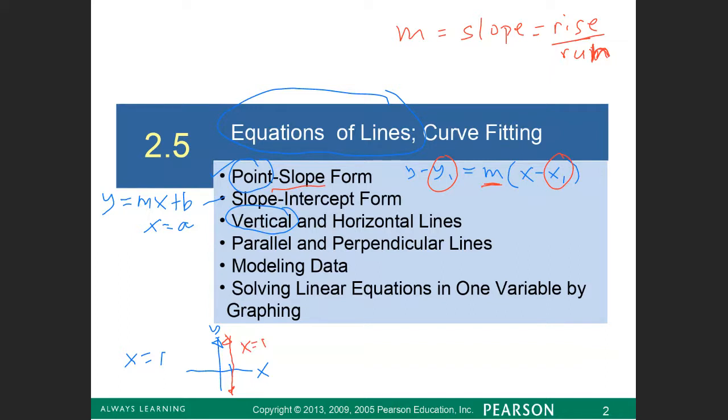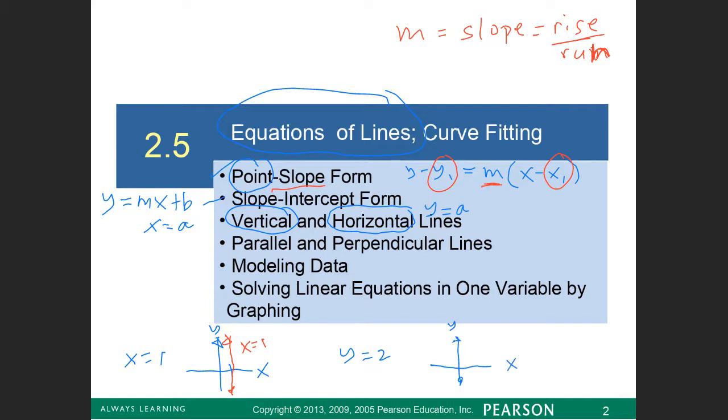Now, it's similar for a horizontal line. You will have y is equal to a, where a is a constant term. An example would be y is equal to 2, and the graph would be like this.